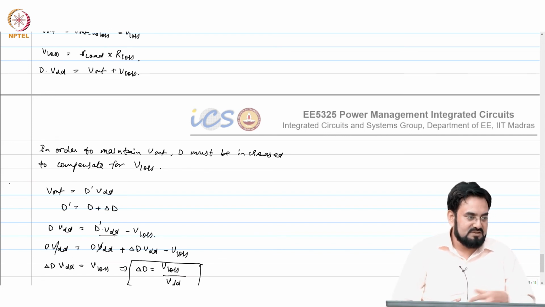There are different techniques to compensate it, but before that we will just look at the different losses in the power stage. It is not the only loss; there are switching losses also, and magnetic losses.